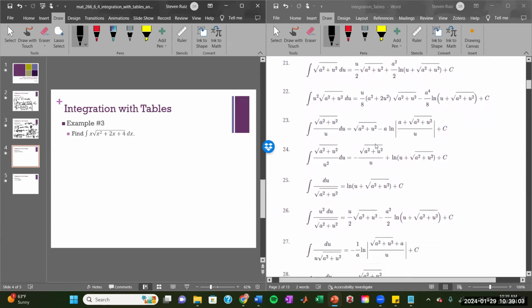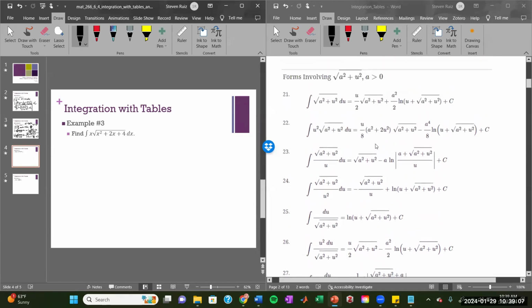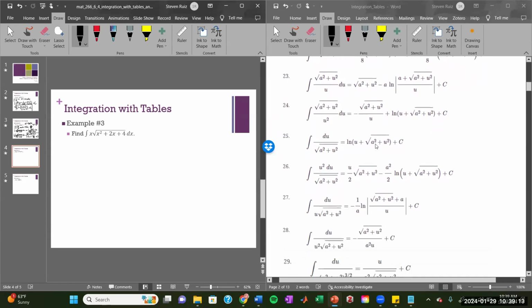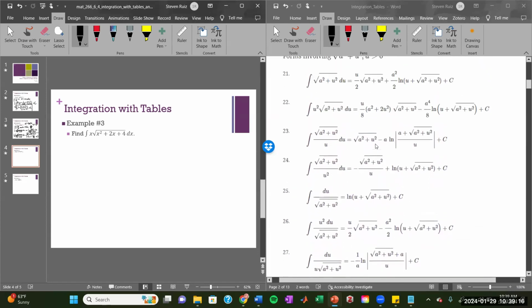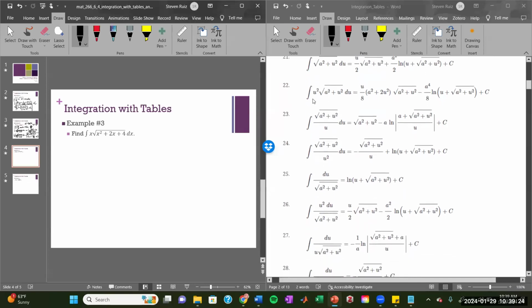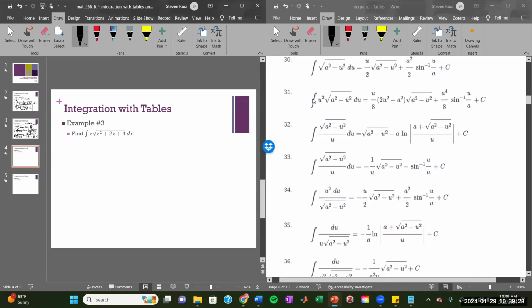All of these things in this heading have two terms under the radical, right? You can factor. I don't think I see one there because I see the radical a squared plus u squared, but I don't see a single u multiplied by it. So that's not going to work.